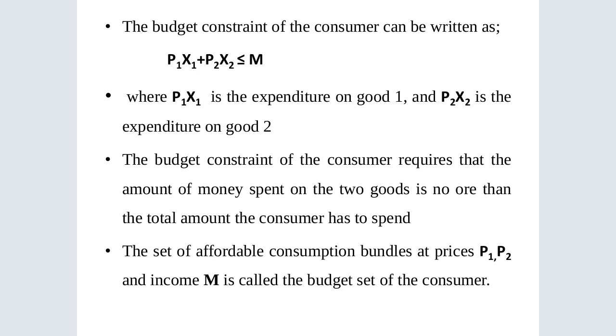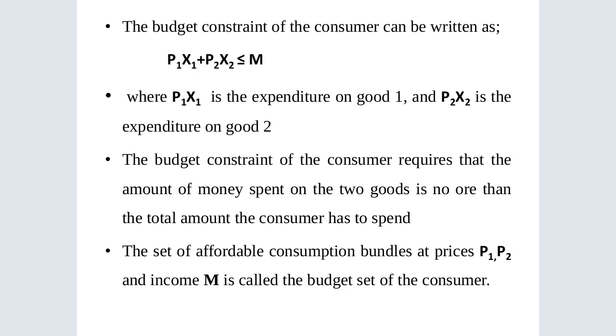Now, the budget constraint of the consumer can be written as P1 X1 plus P2 X2, which is equal to or less than M. And M represents the income of the consumer. It is represented as an inequality simply because the consumer can only spend up to the income that he has or less than the income he has.